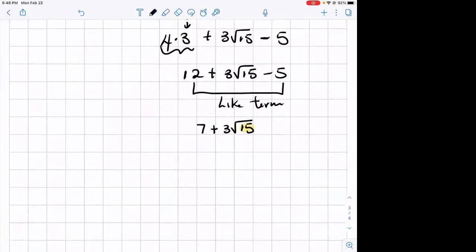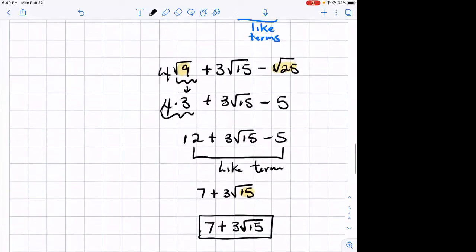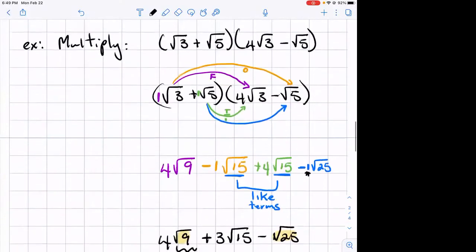Since we cannot, the final answer is 7 plus 3 root 15. Now be careful not to add the 7 and the 3, because there is no root next to the 7. It has to be a square root, and it has to be like terms. So these are not like terms. So here we multiplied two binomials.